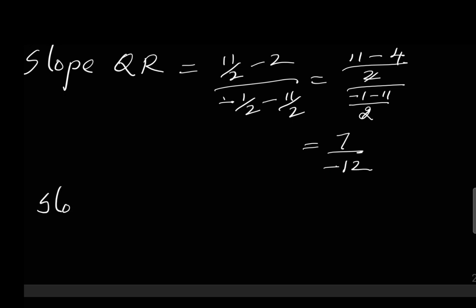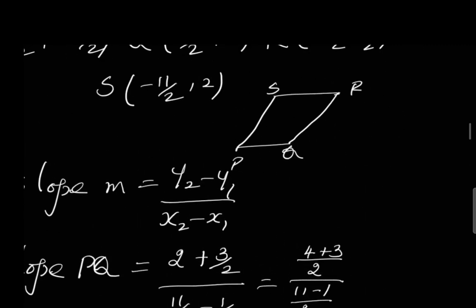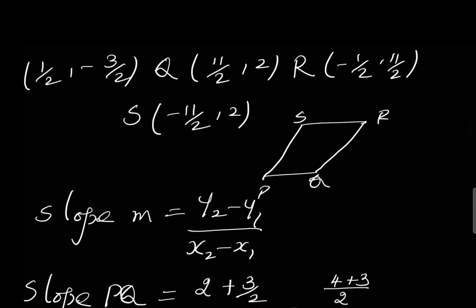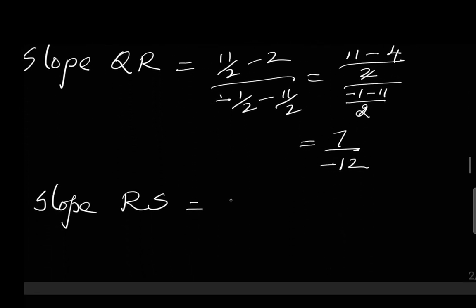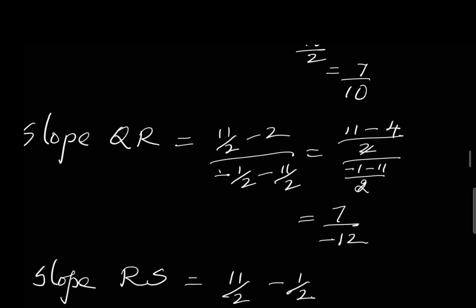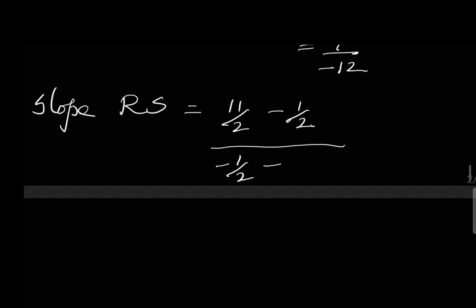Next is slope RS. If you want, you can write the points separately or look at the figure and write R and S. y2 minus y1 is 11 by 2 minus 2, divided by x2 minus x1, which is minus 1 by 2 minus 11 by 2. Here 2 is the LCM.